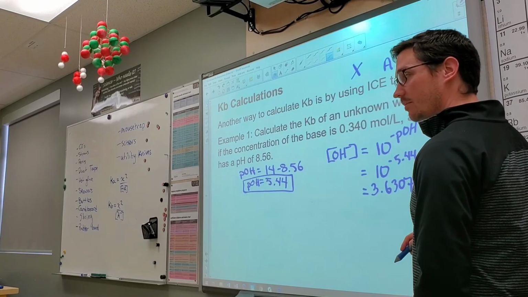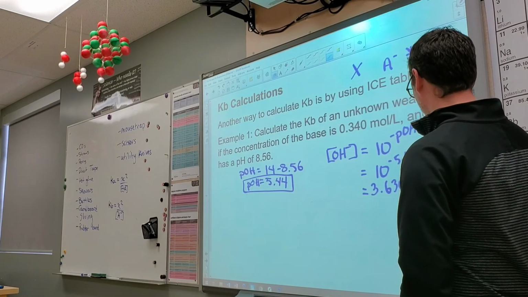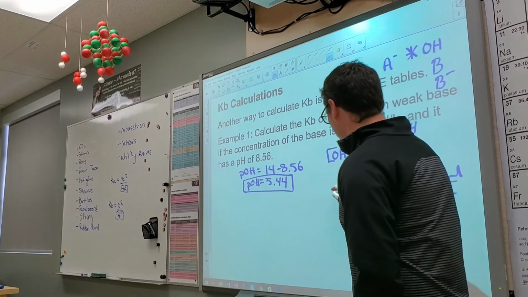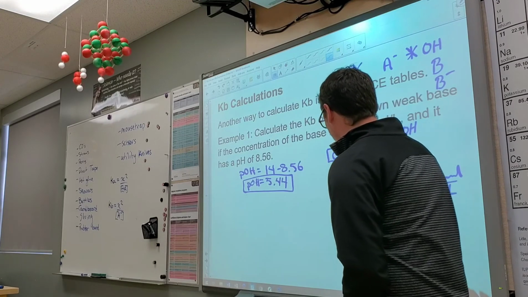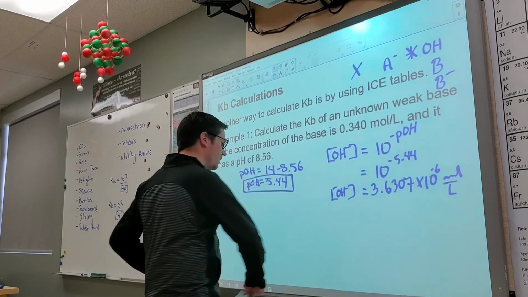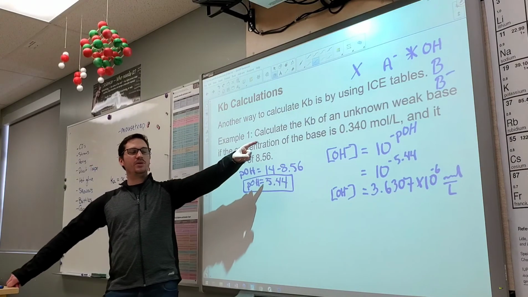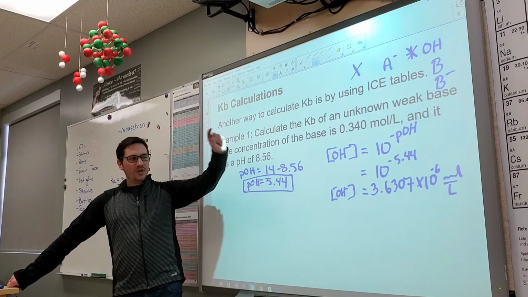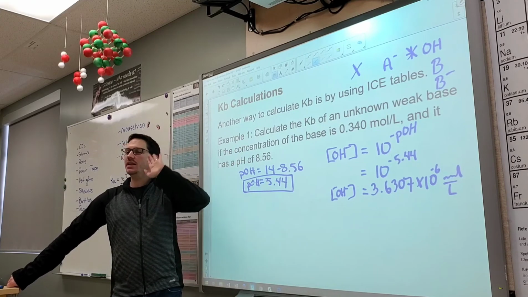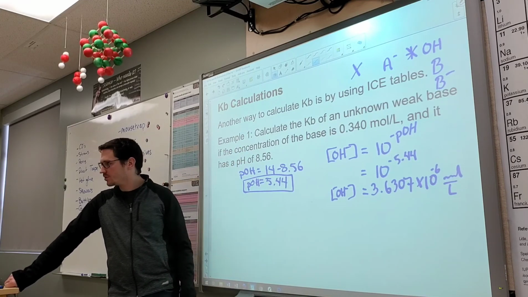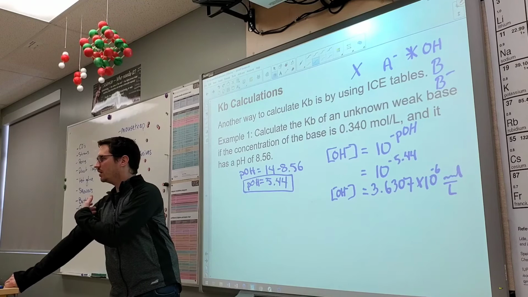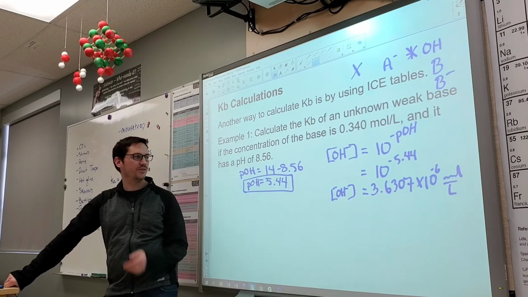Is that okay? Good. Mole per liter. Perfect. That's our hydroxide concentration. Now, if it's asking for the KB, right? We want KB, that means we need equilibrium concentrations of everything. Would you agree? We need all the equilibrium concentrations.